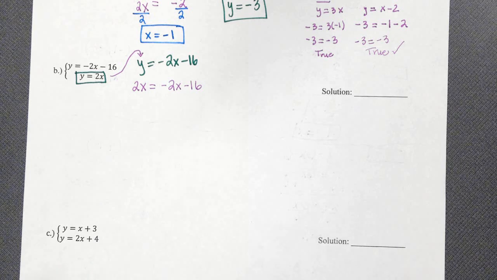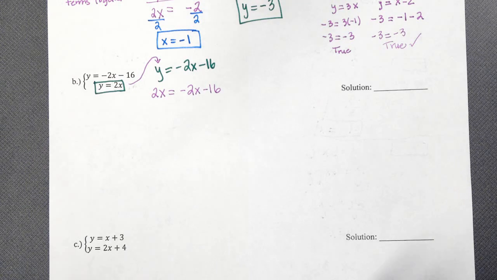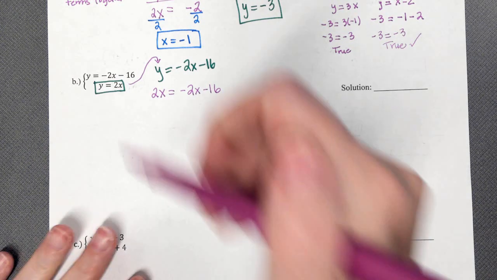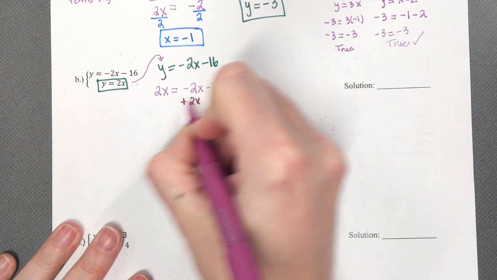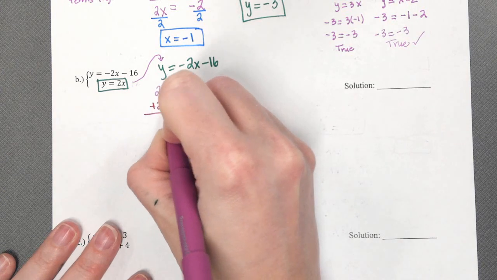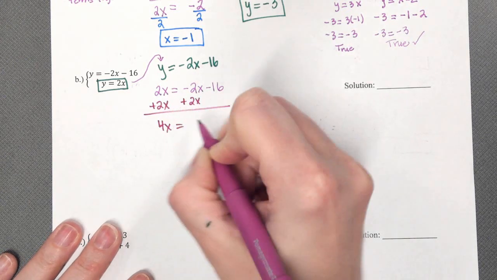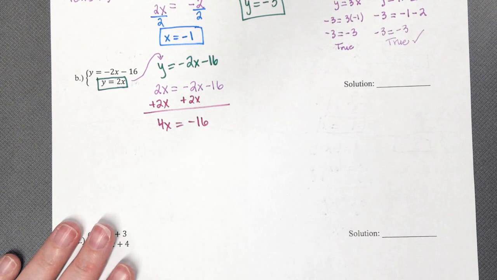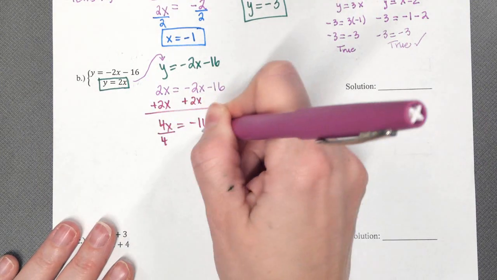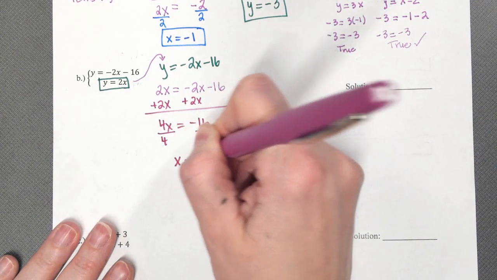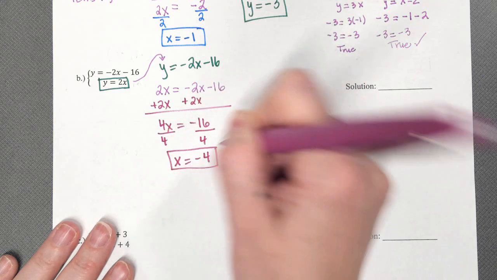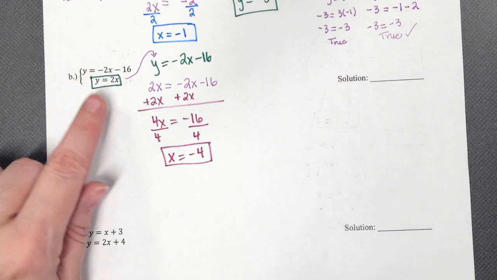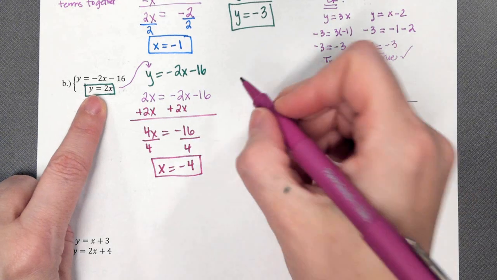So the first thing you want to do is to get the x's on one side. So once you've done that, okay, then all you have to do is divide by 4. That's going to give you your x. Now remember, to find the y, you're just going to plug it back into this equation.